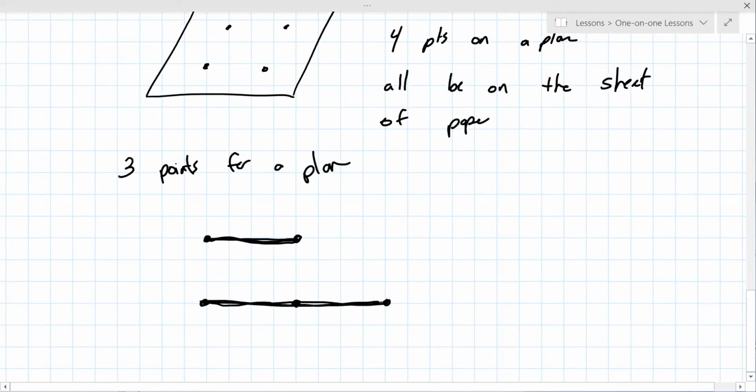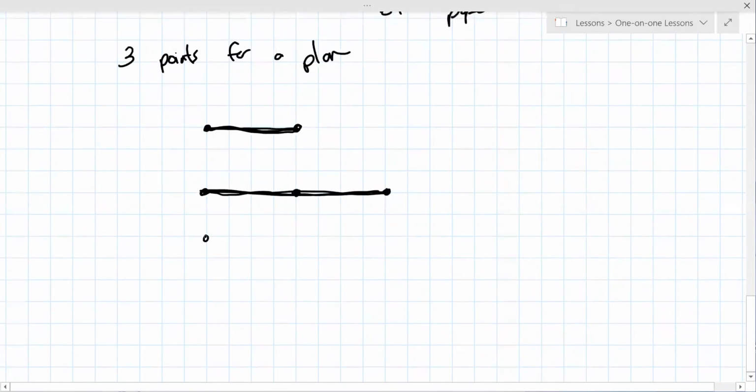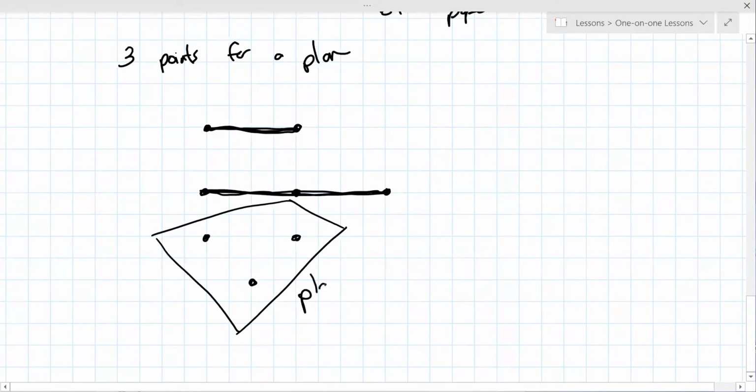But as soon as I put one point off here, the only thing that can connect them all is some sort of a plane. So that 4th point has to be on the same sheet. If your 4th point is over here, it's not on the plane.